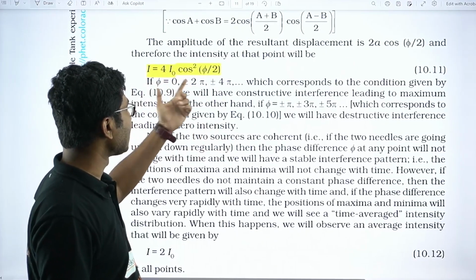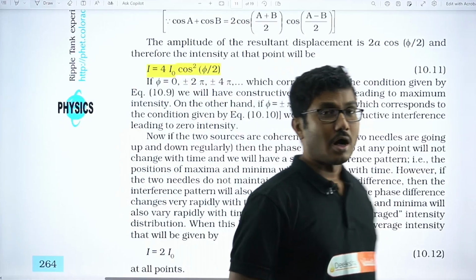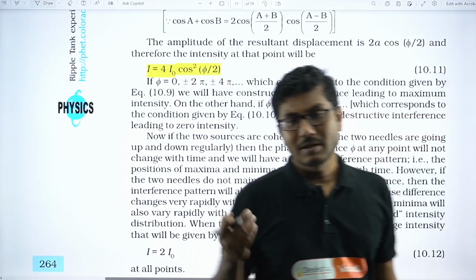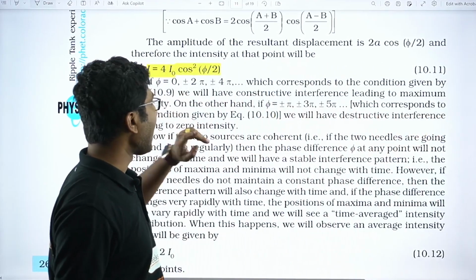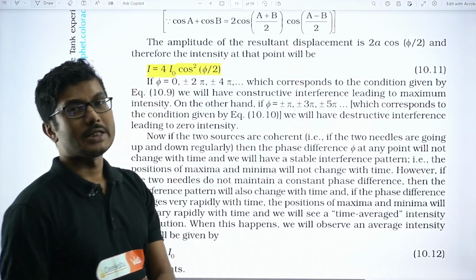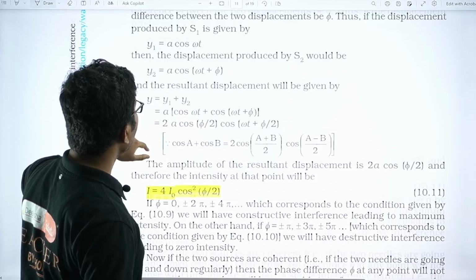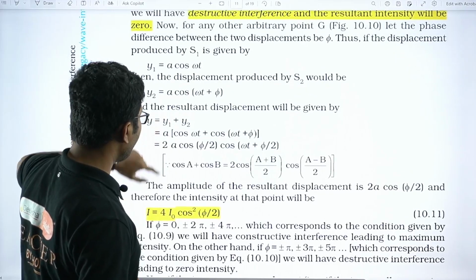If it is 0, plus minus 2 pi, 4 pi, so if it is an even multiple of pi including 0, you will get constructive interference, and if it is an odd multiple of pi, you will get destructive interference. This is the basic condition. Okay, so this is in terms of phase difference.